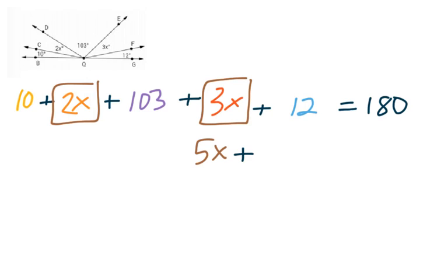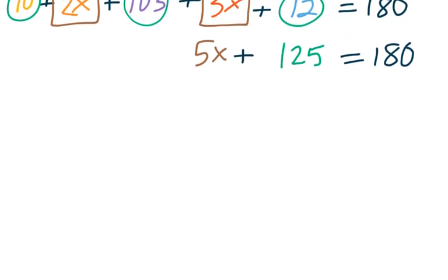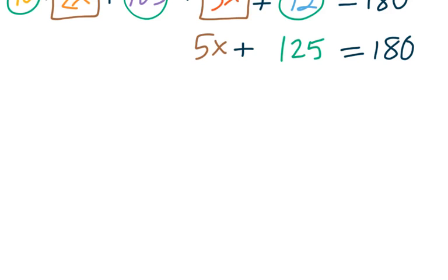I also have three constant terms, and I can add them together: 103 plus 10 plus 12 gives me 125. And that's still equal to 180. We're not yet working with the right-hand side of the equation.